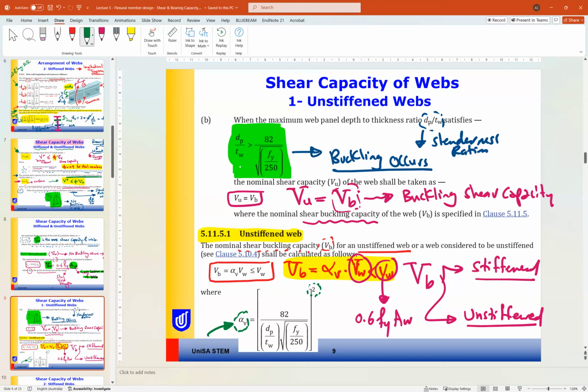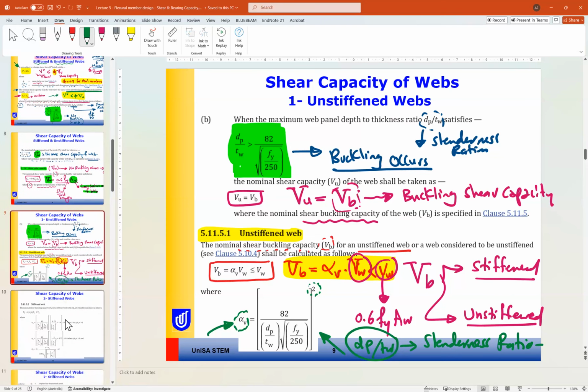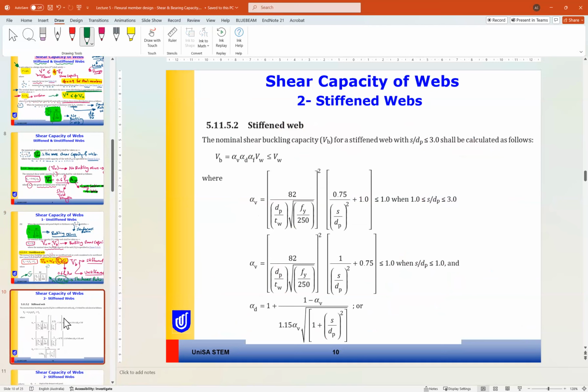So alpha V depends on the slenderness ratio dB over tw. This is the formula for alpha V for unstiffened web.